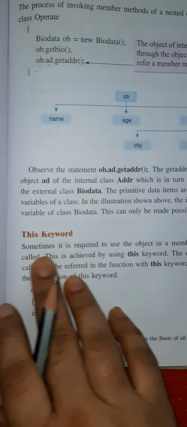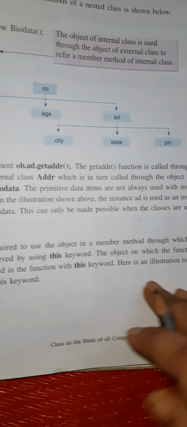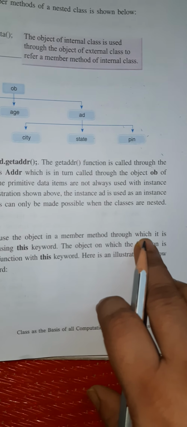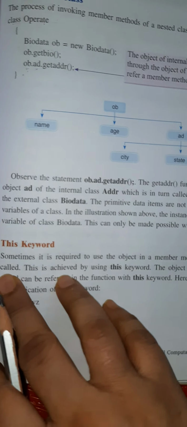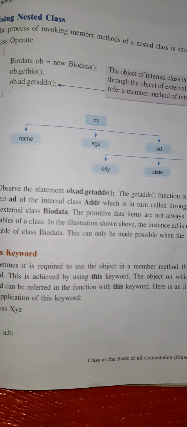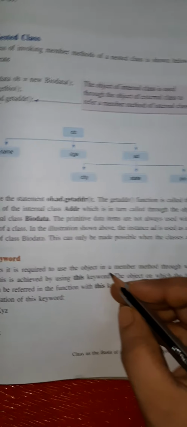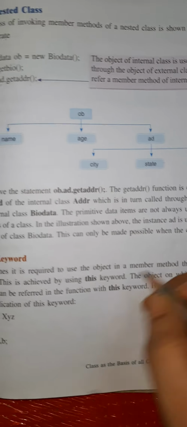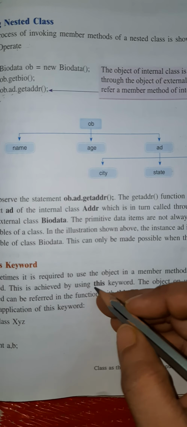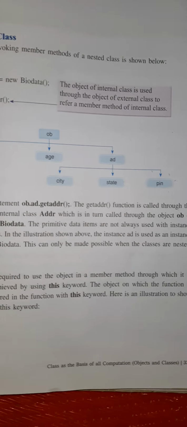Then the this keyword. Sometimes it is required to use the object in a member method through which it is called. This is achieved by using the this keyword.